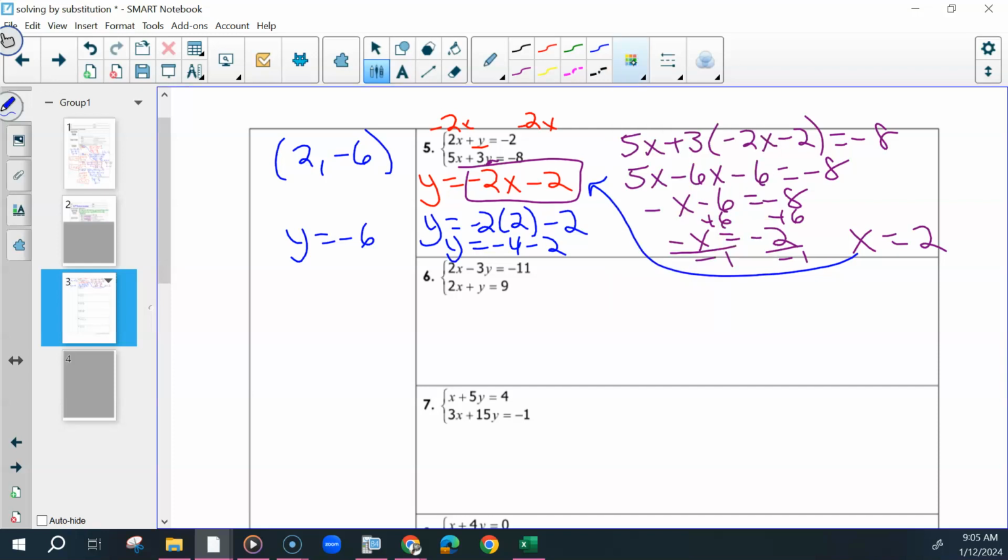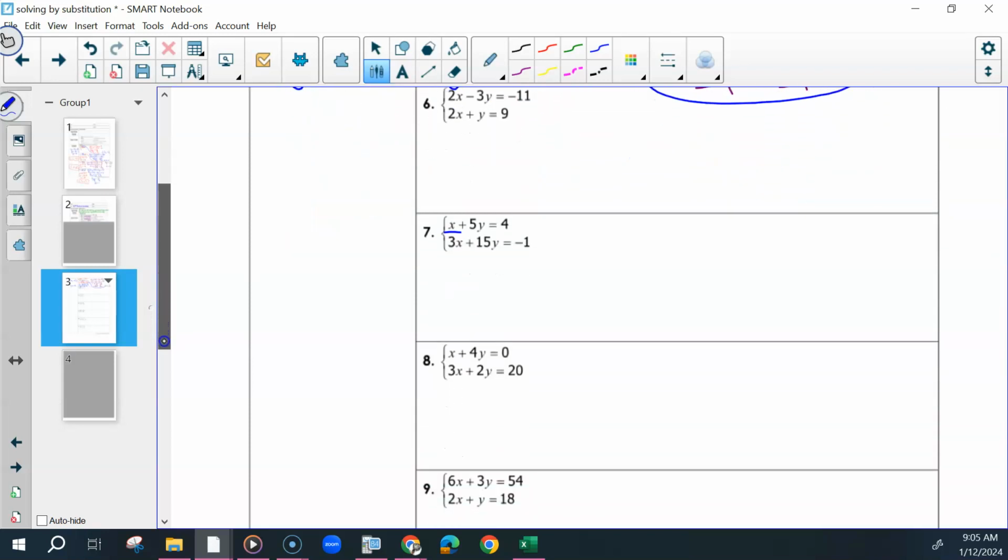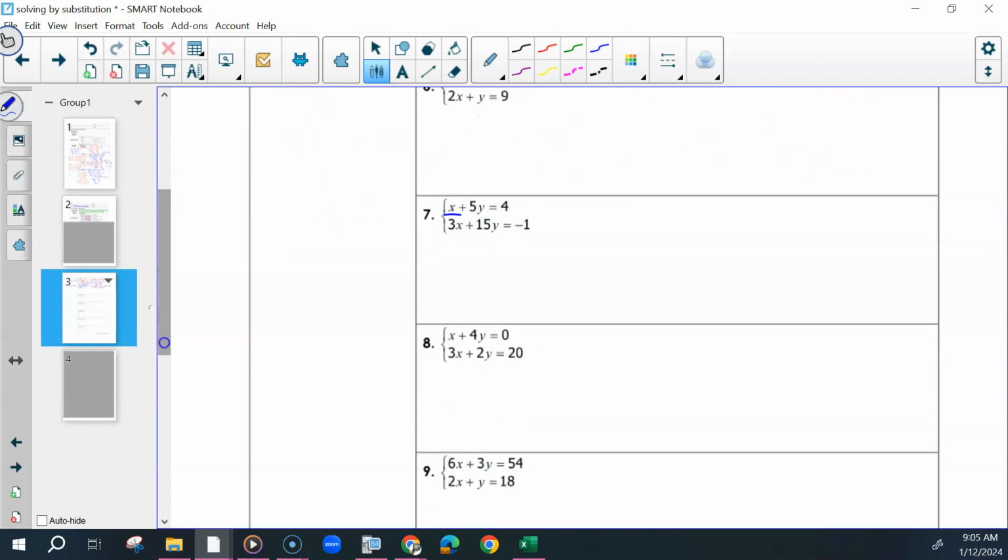Okay. For number 7, which variable would be the easiest to solve for? X in the first one, because it's by itself. So to get this x by itself, we would do what?